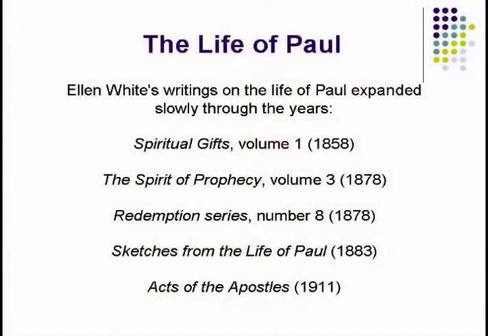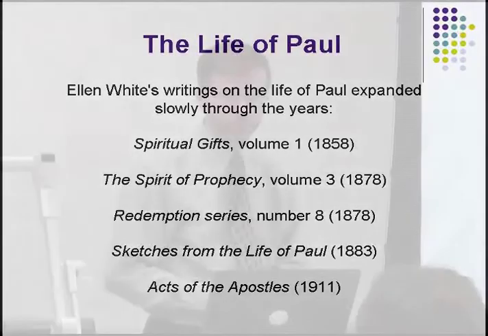Let's take another example. This one is on the life of Paul. Ellen White's writing on the life of Paul expanded through the years like any other subject of Ellen White. She began to write on Paul in 1858 in the first volume of Spiritual Gifts, then in volume 3 of Spirit of Prophecy, then in number 8 of the Redemption series, and then the major books are Sketches from the Life of Paul, 1883, and then Acts of the Apostles as we know it in 1911.